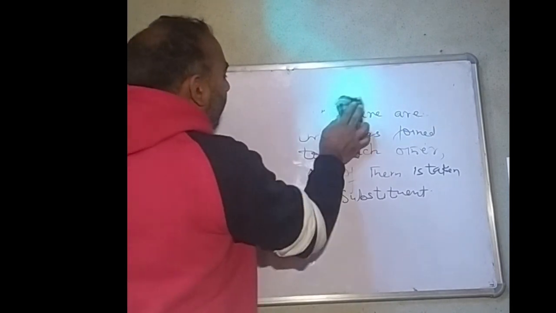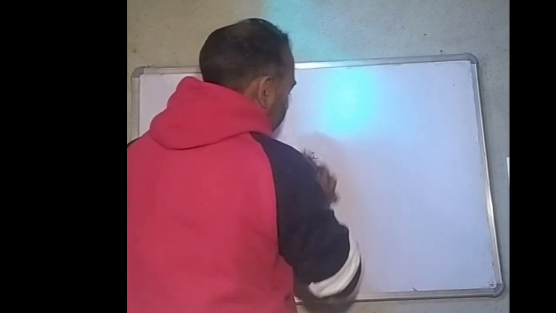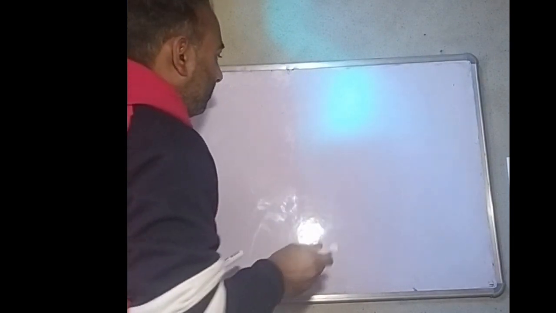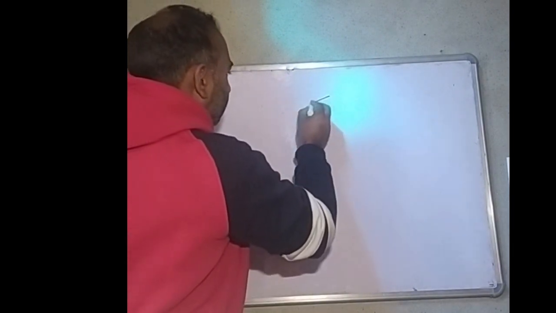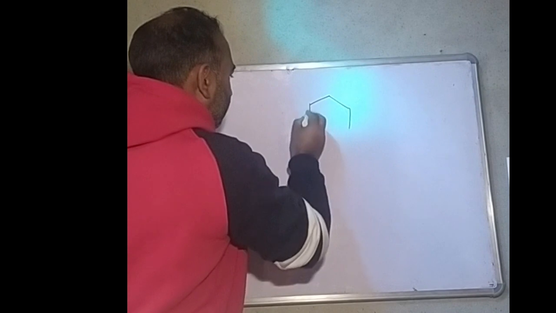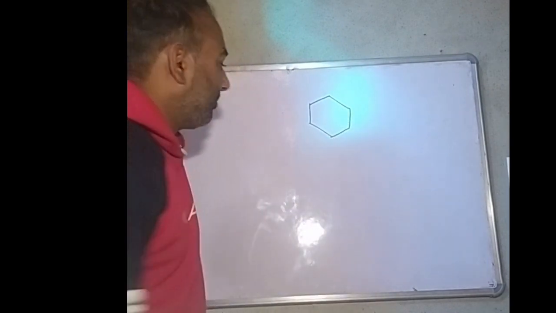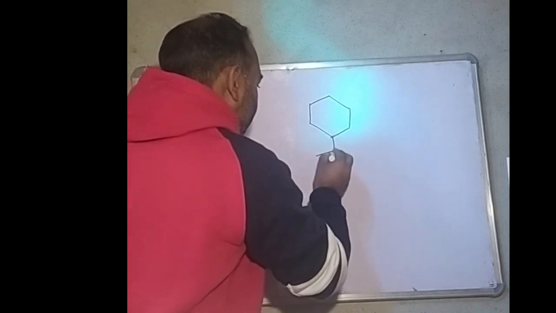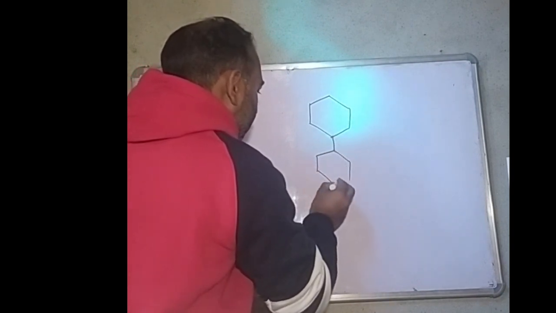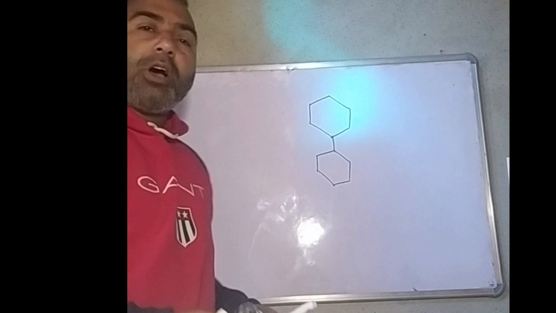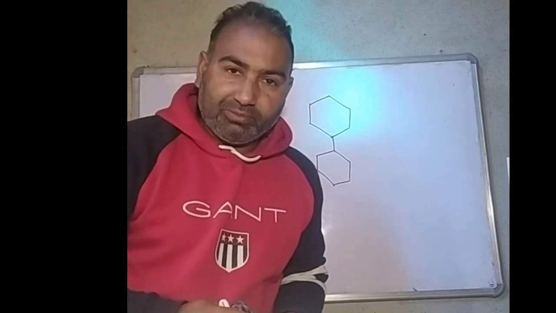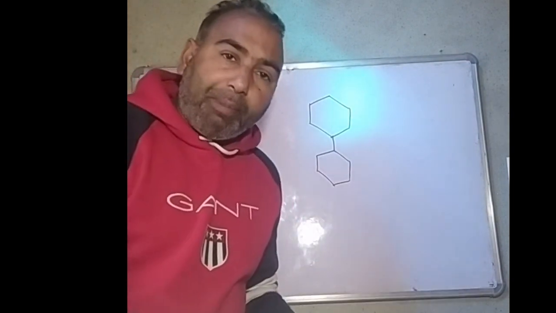Let us see how it can be named. This is cyclohexane. This is also a cyclohexane. Now, how to name this compound?